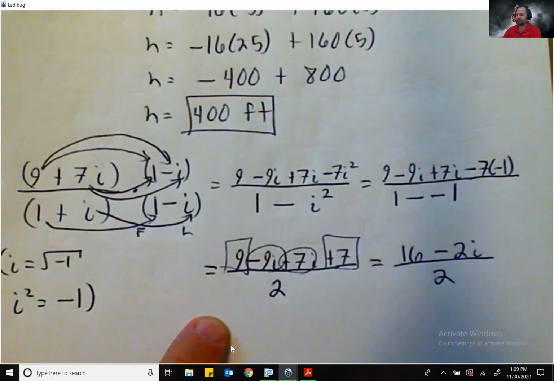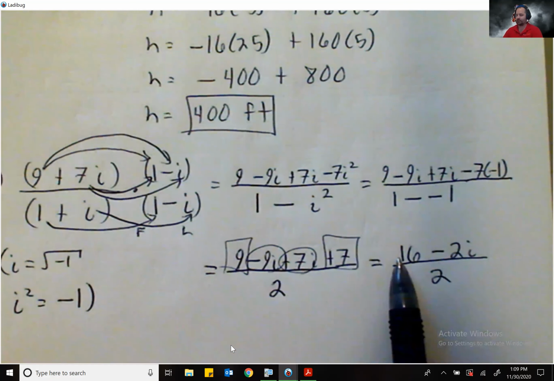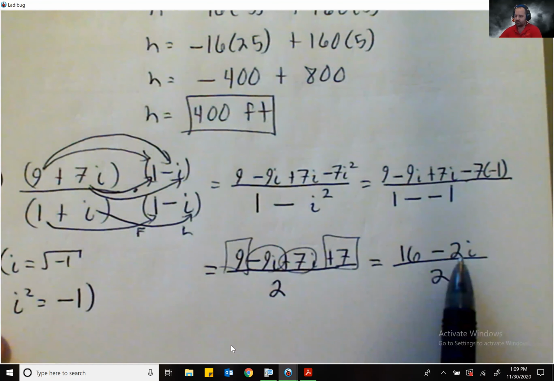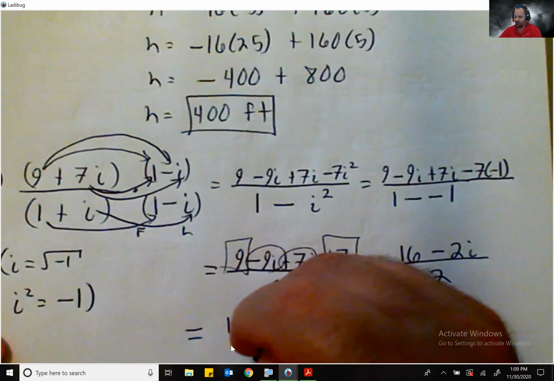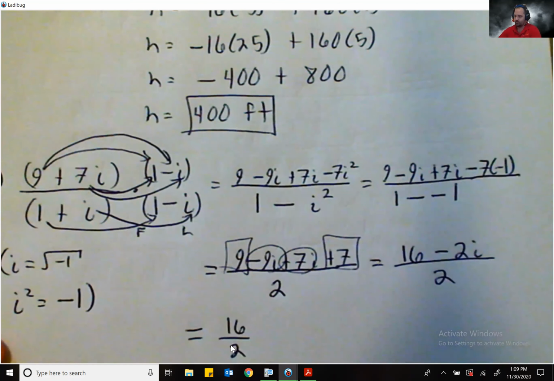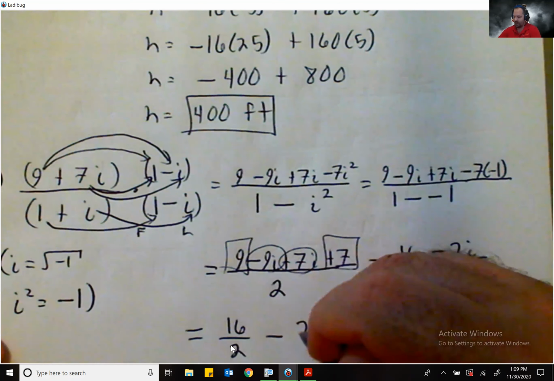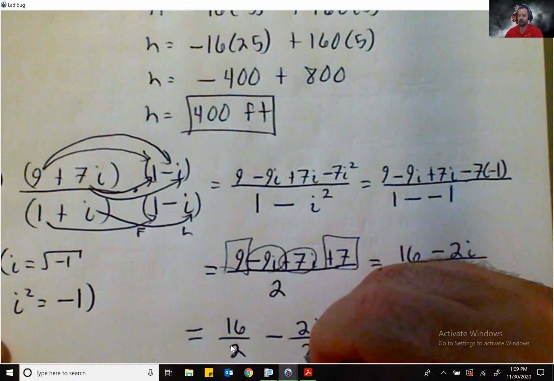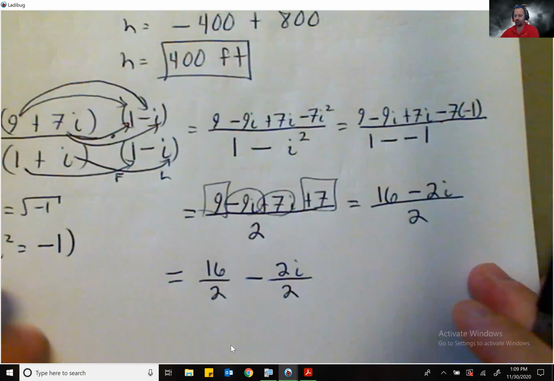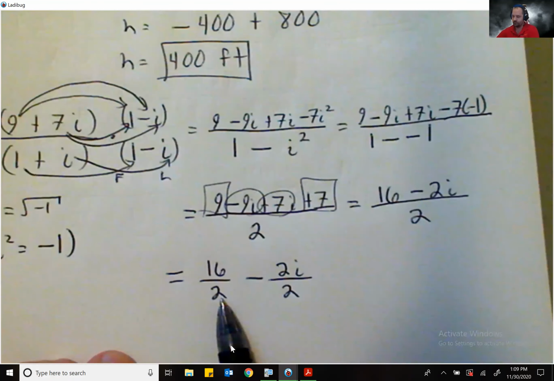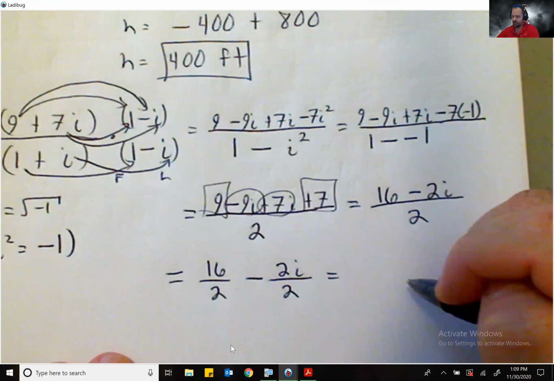Last but not least, all we've got to do is break this apart into its fractions: 16 over 2 minus 2i over 2. And do any reducing now. What is 16 divided by 2? 8.